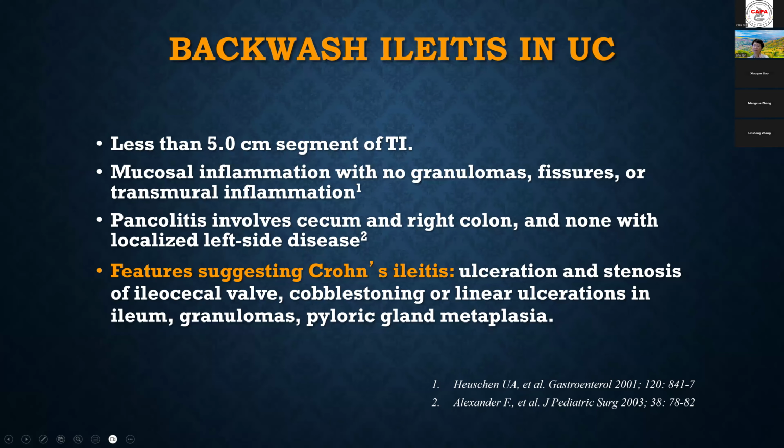Second, usually you see mucosal inflammation, but usually not very severe, and no granulomas, fissures, or transmural inflammation. And then usually you have to see the cecum become involved. Otherwise, the ileocecal valve won't be affected, right? You can't explain why there's a backwash ileitis. So when you see this, it's probably backwash.